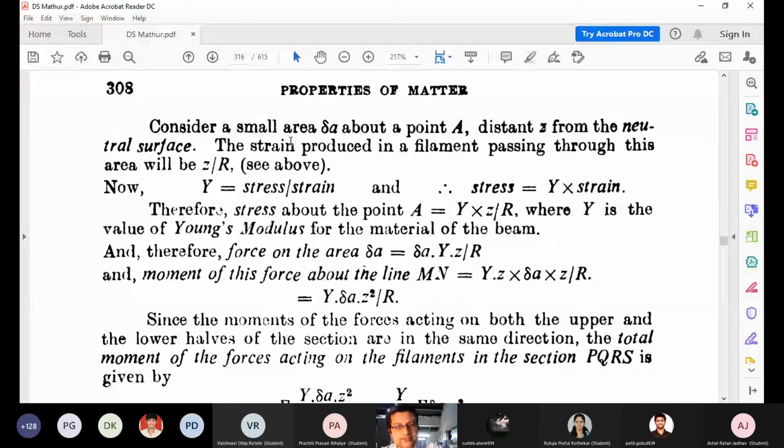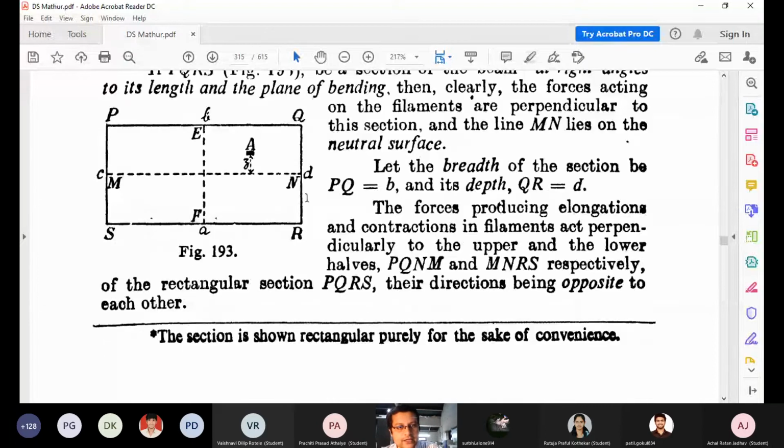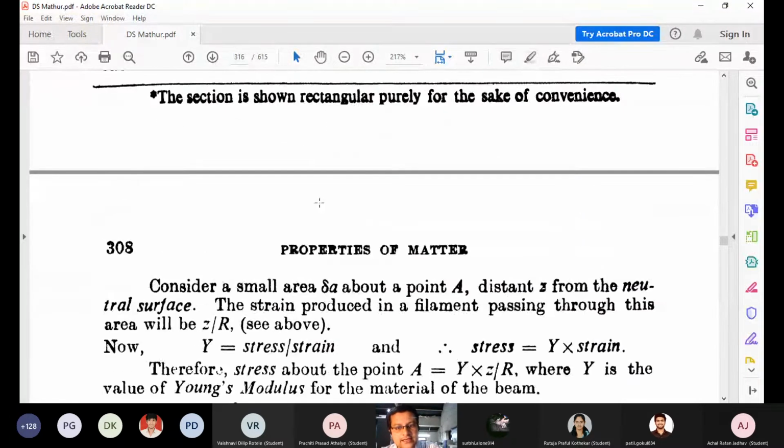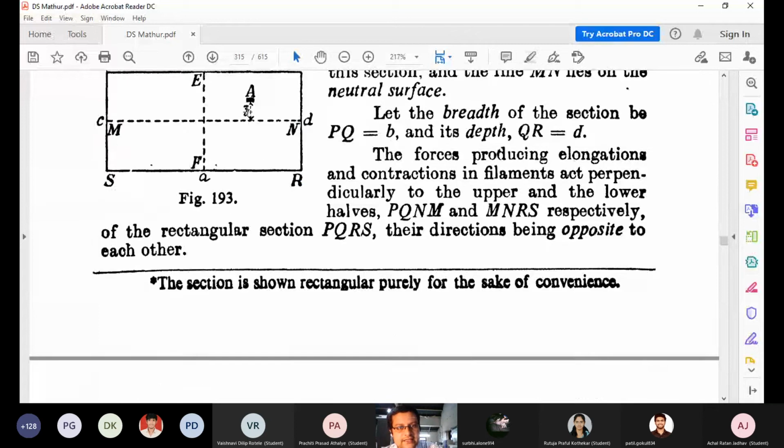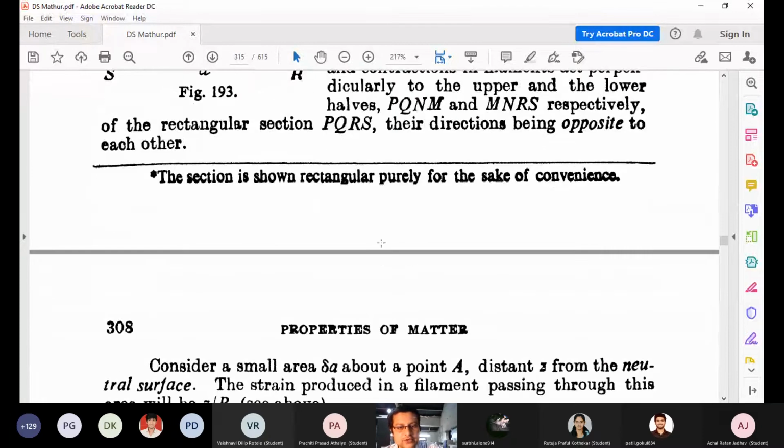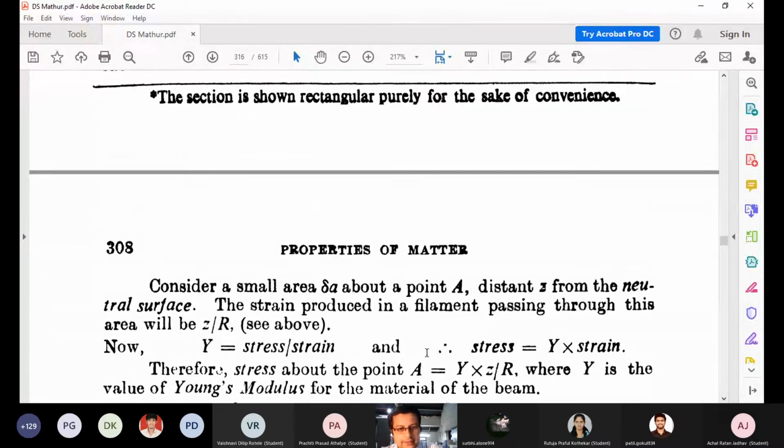So we can consider a small area delta A about this particular point A. Here we consider a small portion, that is, a small cross-sectional portion of this rectangular section, from which we take a small portion which has area delta A, and that delta A is placed at a distance small z from the neutral surface, where we have a new surface or new filament over there.